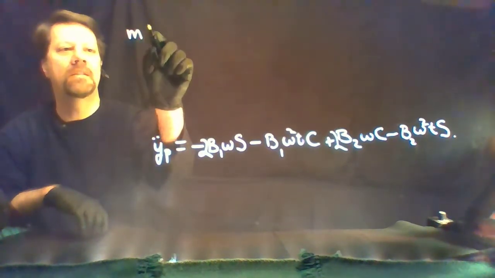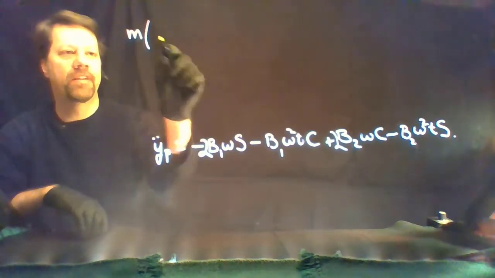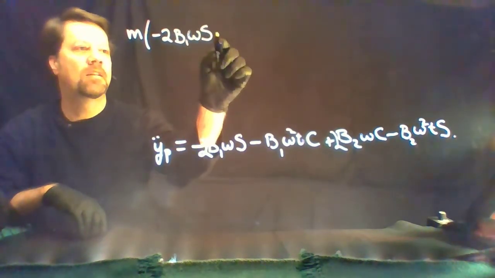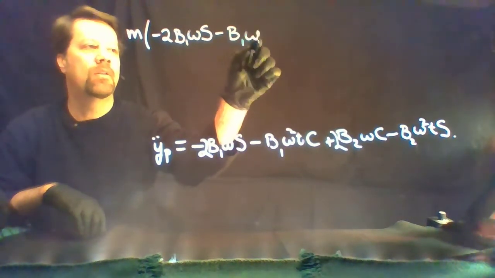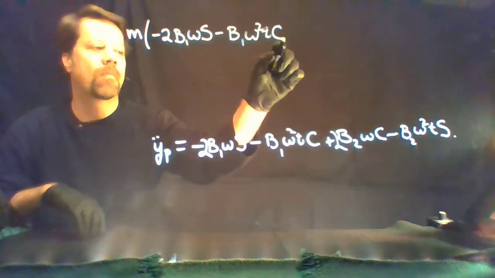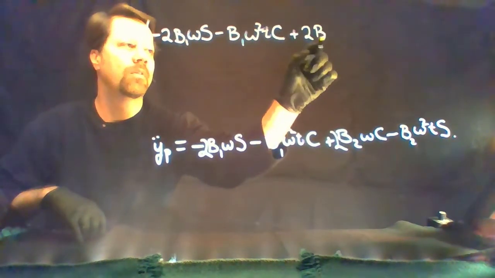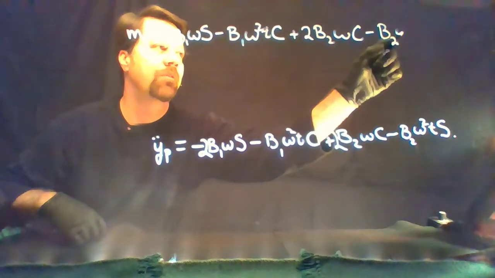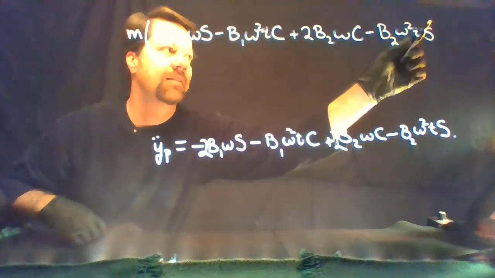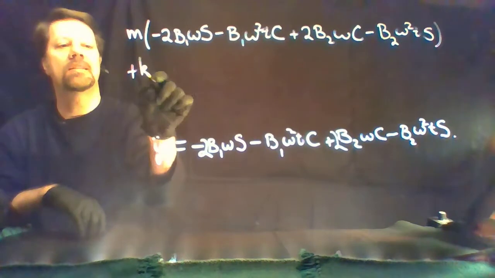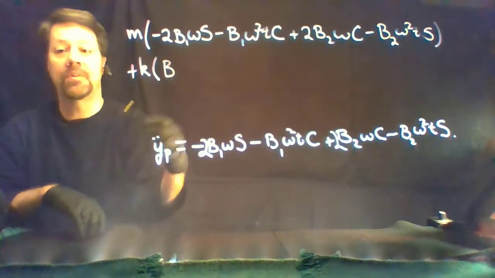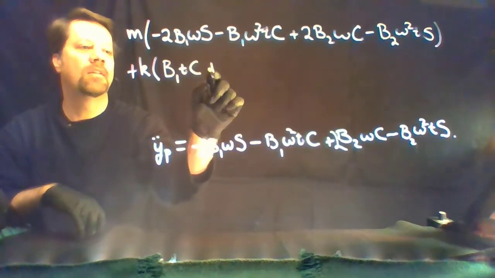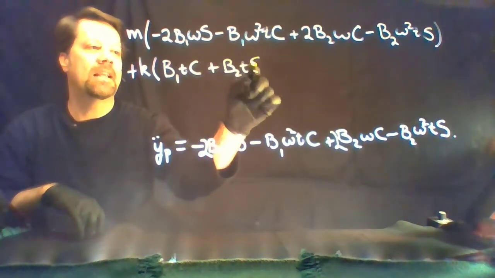We'll have m times the second order derivative, that's negative 2 b1 omega sine, minus b1 omega squared t cosine, plus 2 b2 omega cosine minus b2 omega squared t sine, plus k times yp, which was b1 t cosine, plus b2 t sine.